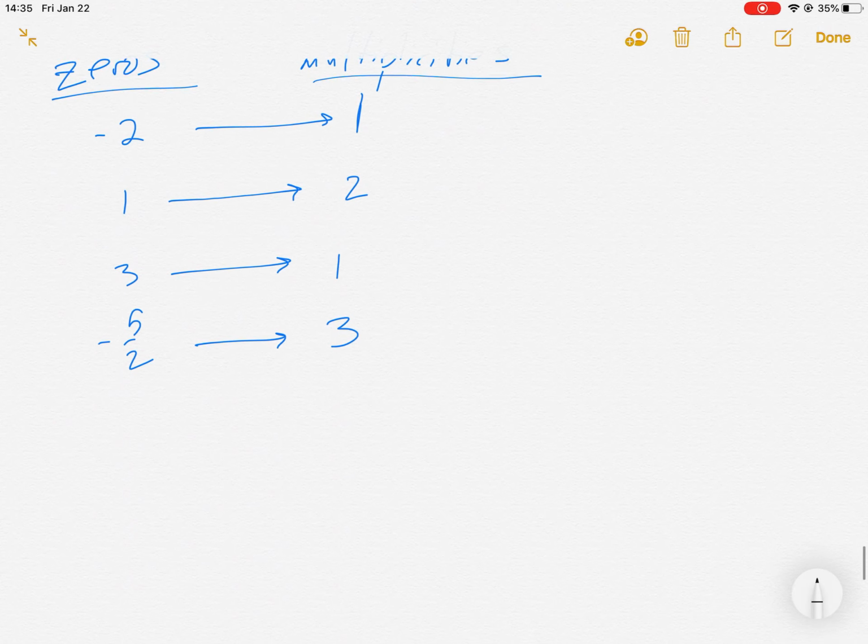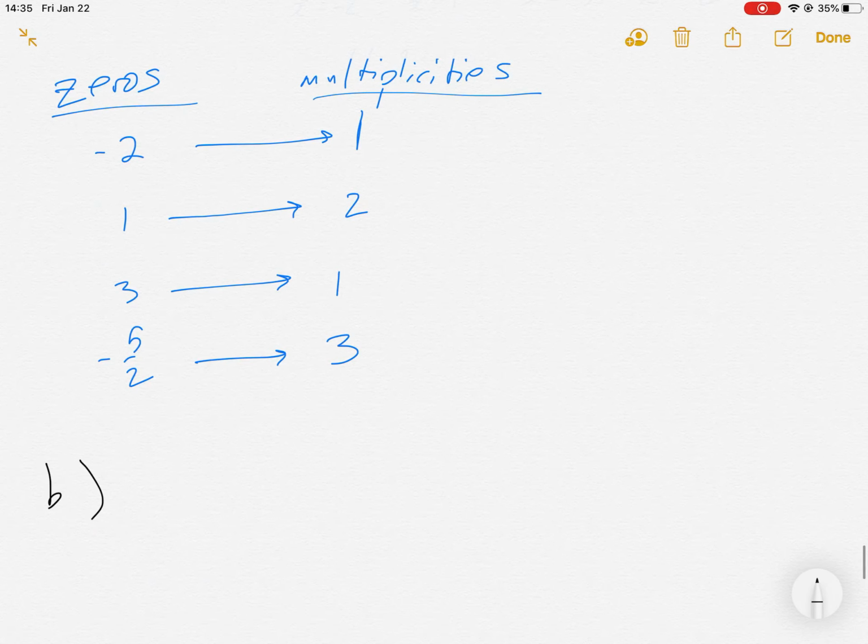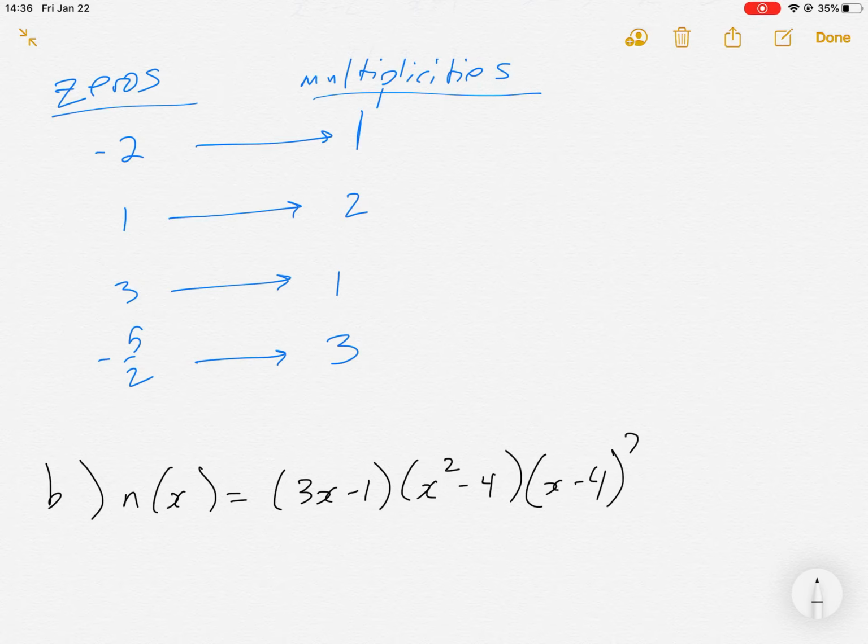Let's try to add some more wrinkles to the mix. So in the next one, let's change it up here. N(x) equals (3x - 1)(x² - 4)(x - 4)²(x² + 9)(x + 9)².